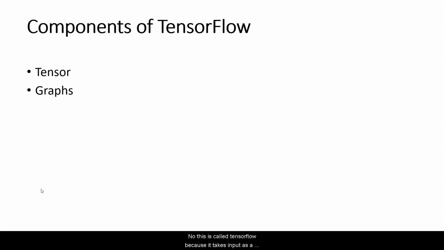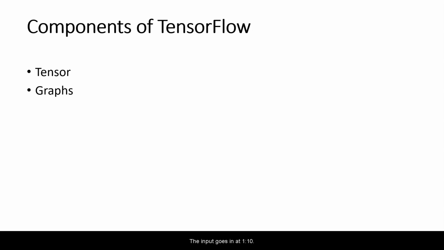Now, this is called TensorFlow because it takes input as a multi-dimensional array, also known as tensors. You can construct a sort of flowchart of operations, or what we call a graph, that you want to perform on that particular input.